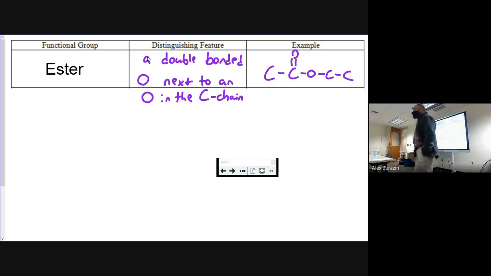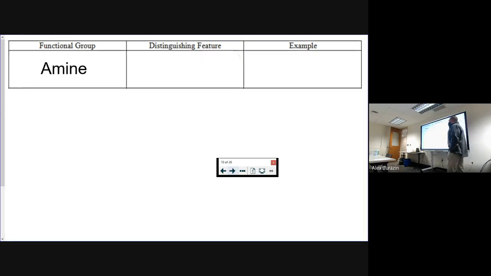How many more we got? 3. All right. Amine. This is a nitrogen in the carbon chain.